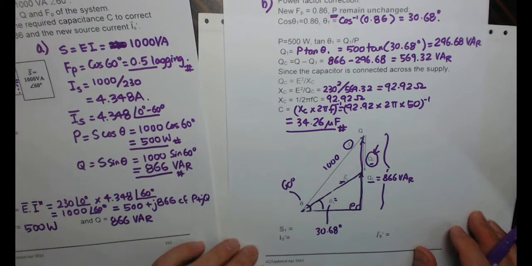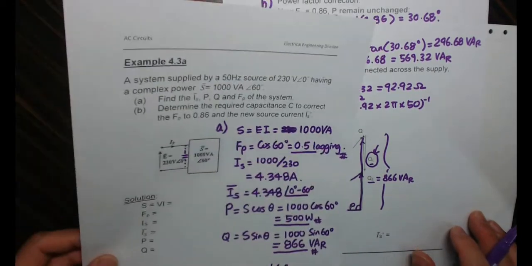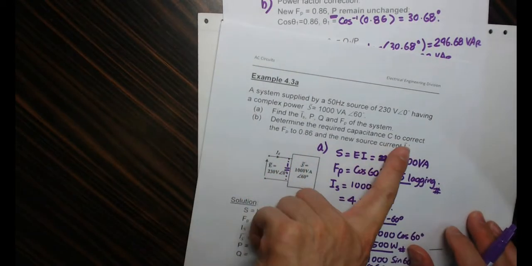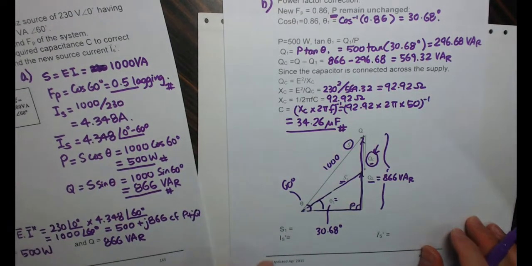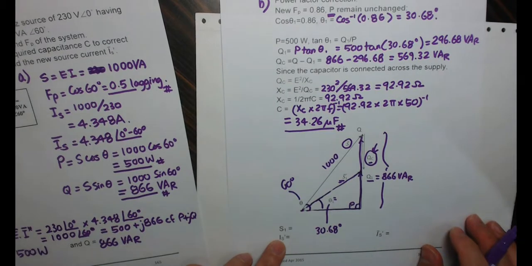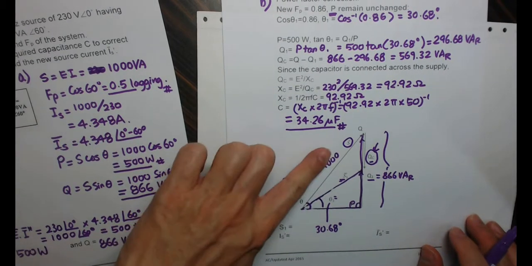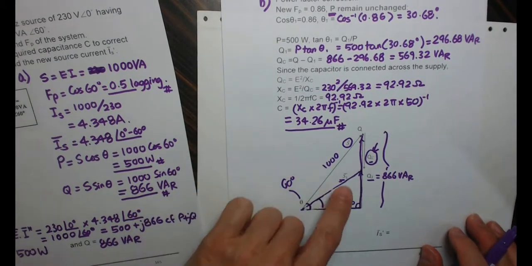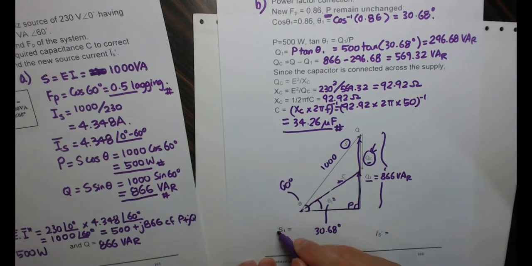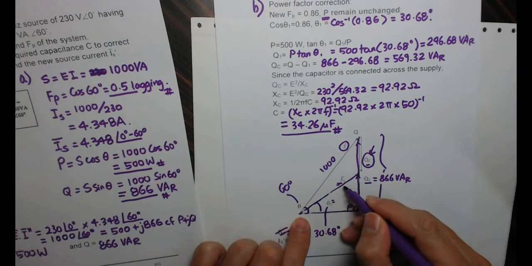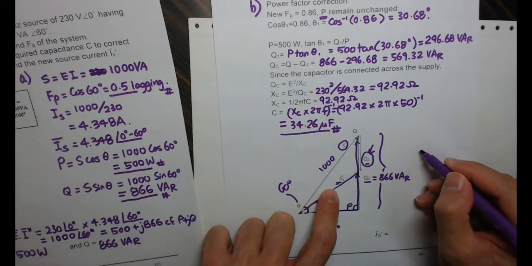Okay, then the last part of this whole thing is we want to calculate the new source current. Because now it drops down, S1 I can calculate from this triangle. So S1 is the new apparent power.